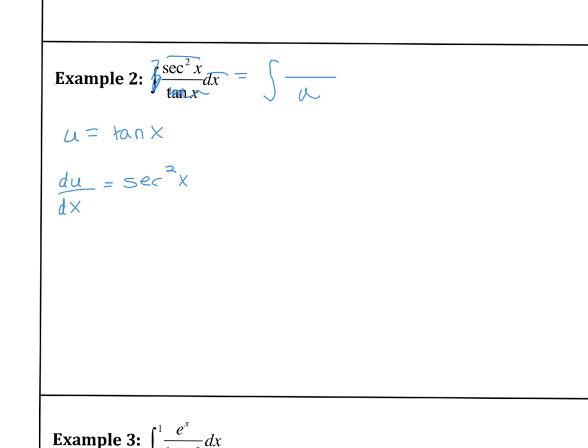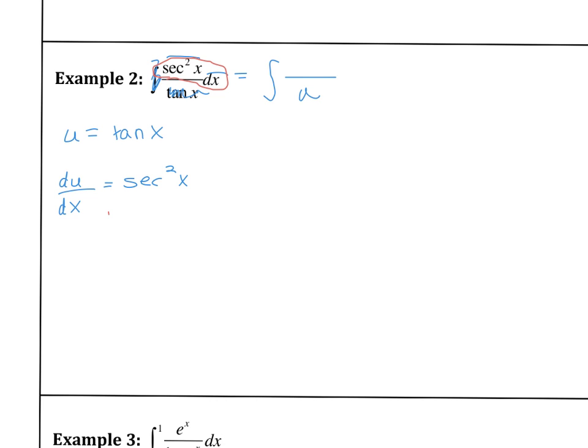Or you can think to yourself, I need something that is exactly equivalent to secant squared x times dx. If I can find something that's equal to secant squared x dx, I can just plug that one thing in. And that is a shortcut that I love.